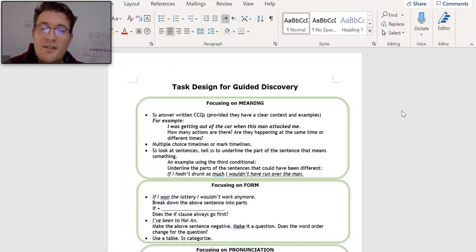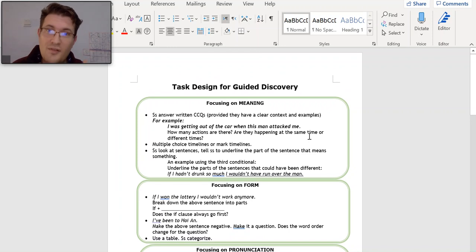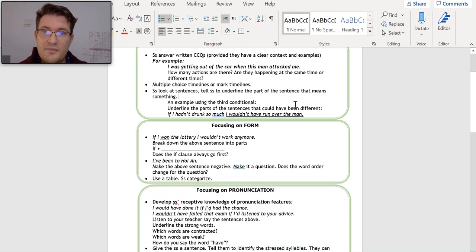All right, so sentences in context, so that when they answer questions about meaning, they've got a clear situation to support the meaning of that sentence. They're not just using their knowledge of the grammar in that sentence to answer the questions, right? So it could just be CCQs. You can have multiple choice with timelines, right?